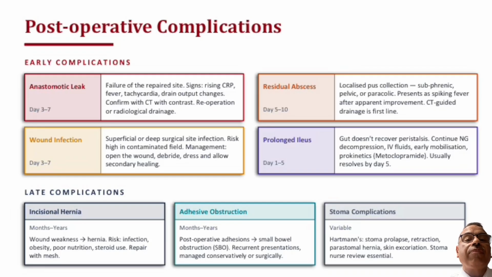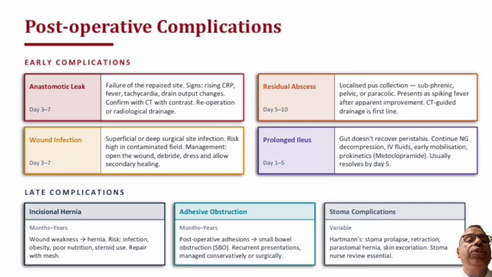Number 2, wound infection or surgical site infection, which is again a possibility because it is a dirty or contaminated surgery. The risk of surgical site infection is more than 30 to 40%. You would expect it to start occurring from day 3 to 7 post-surgery.